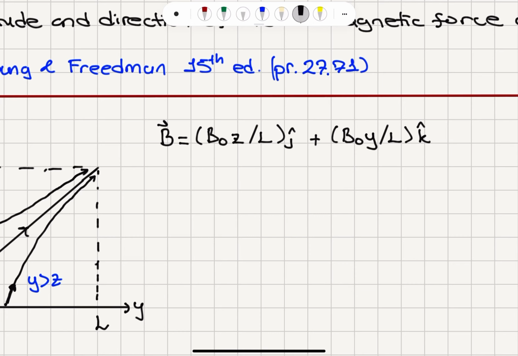So what happens if y is equal to z? If I'm on the y equals z line, the y component of the magnetic field, which is B0 z over L, is equal to the z component, which is B0 y over L. So By is equal to Bz, and the slope dBz/dBy is equal to 1.